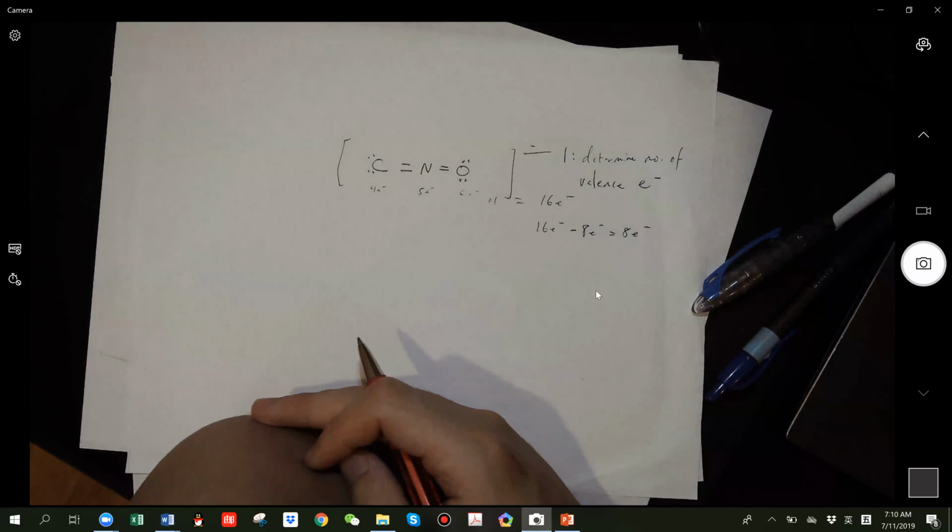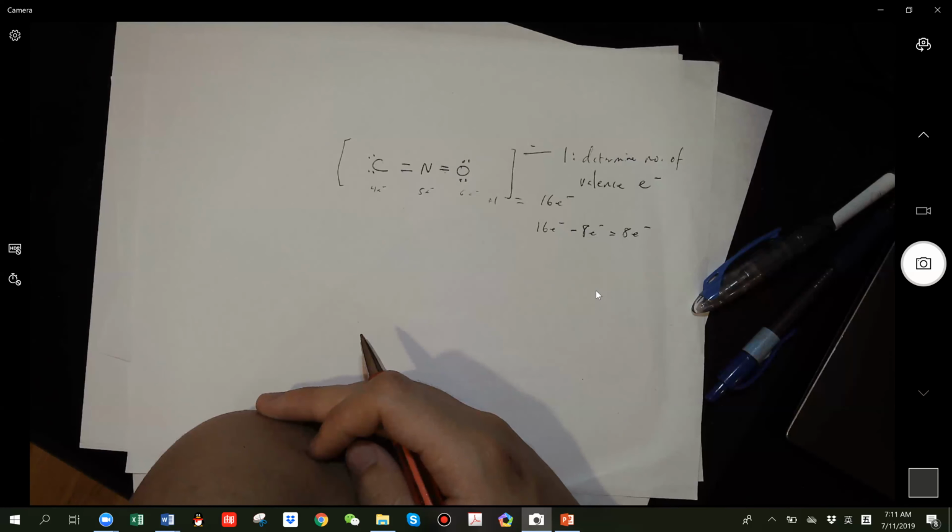Now to check if it's right, we have to check our formal charges. Can someone tell me what the formal charges are on the 3 atoms? Does everyone remember how to calculate formal charge?